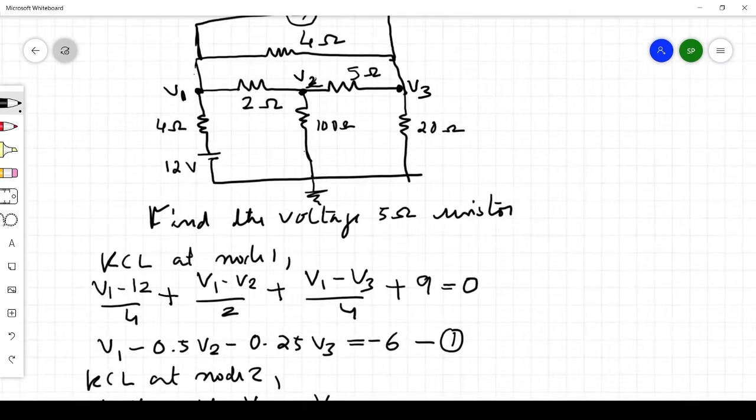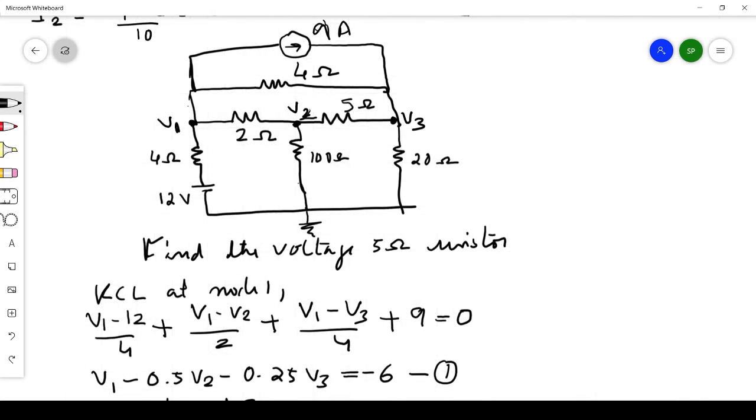Now we have one more node, so we have to take the sum of the currents in all the branches connected to node 3, that is V3. You have a branch with this 20 ohm resistor, another branch with 5 ohm, another branch with this 4 ohm, and then 9 ampere.